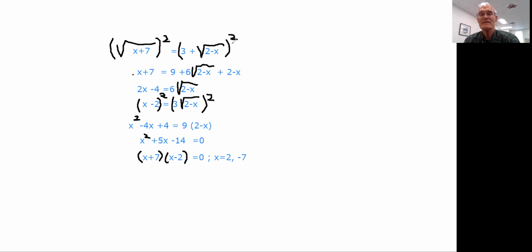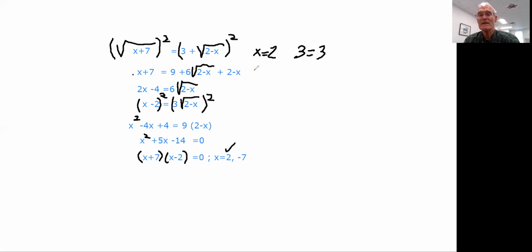So if I put x equals 2, I get the left side is 3, and the right side is 2 minus 2, which is 0, so the square root of 0 is 0, so I get 3 equals 3. So the 2 answer is a good answer.